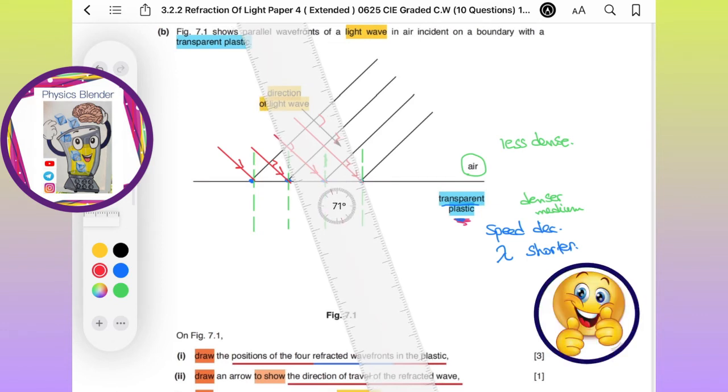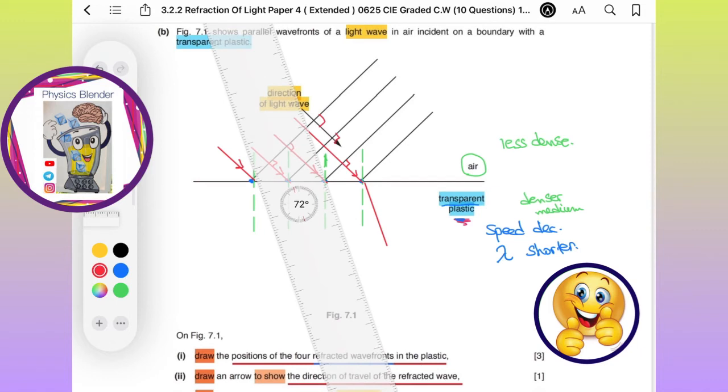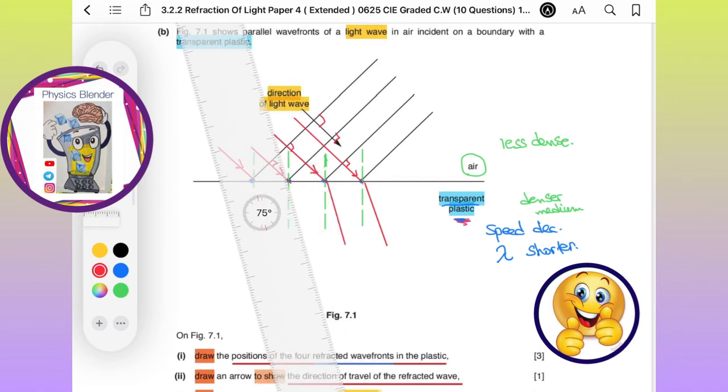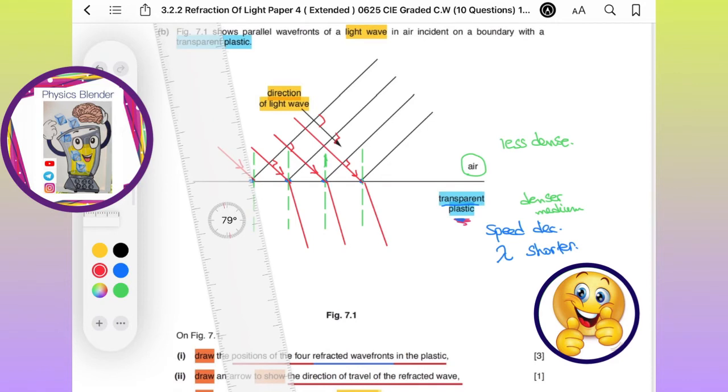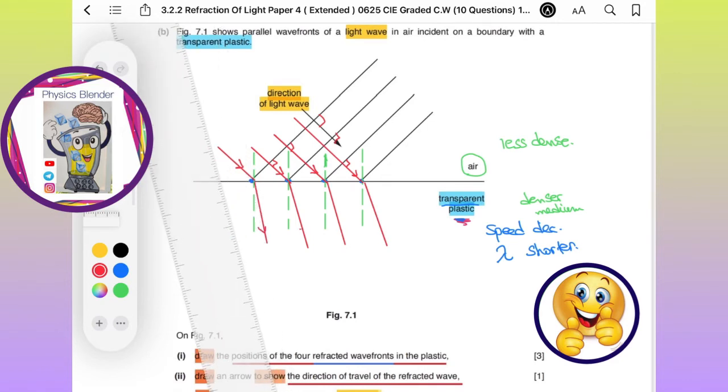The ray will be refracted towards the normal. So I am here drawing the direction towards the normal. So this will be the direction of how the light wave behaves when it enters the transparent plastic.